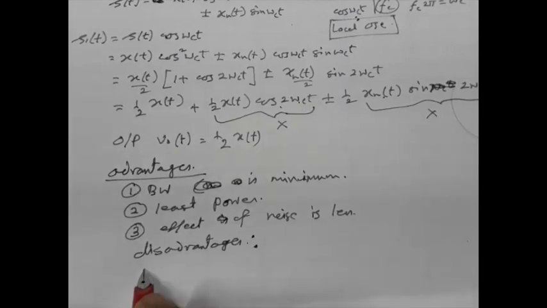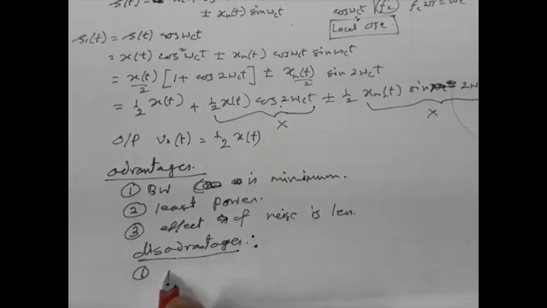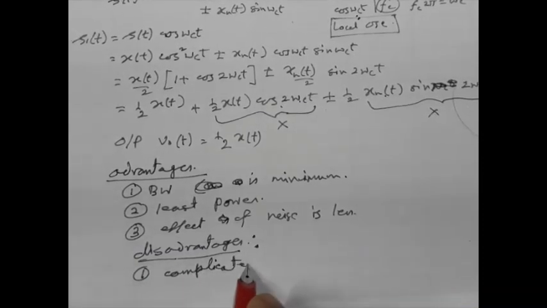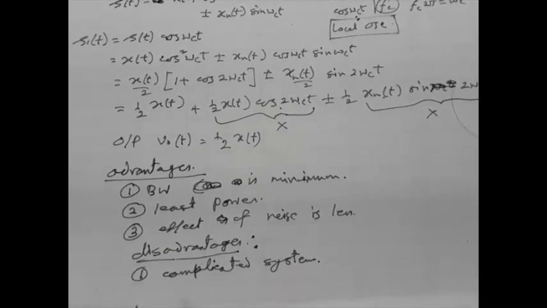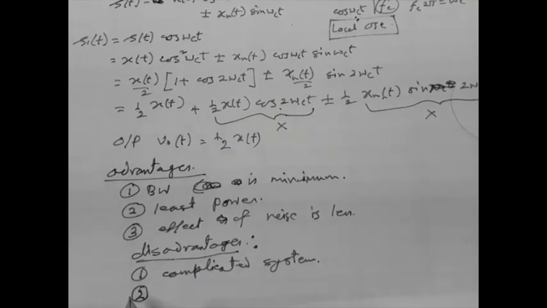The SSB system is very complicated, because both the transmitter and the receiver are very difficult to design, and we have seen the transmitter section as well, that is difficult to design.